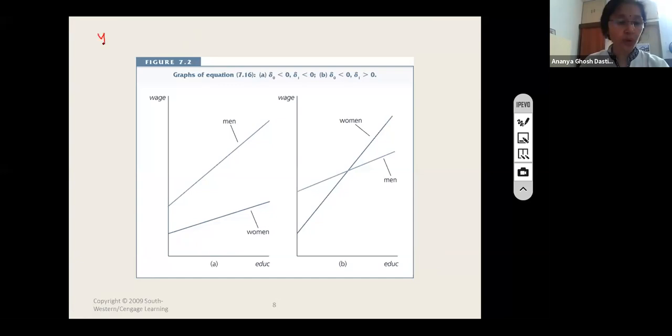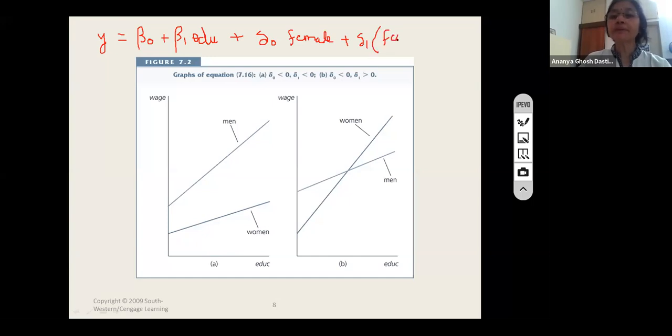The model must include the intercept beta naught plus beta 1 into education, plus delta naught into female, plus delta 1 into female into education. Female multiplied by education.